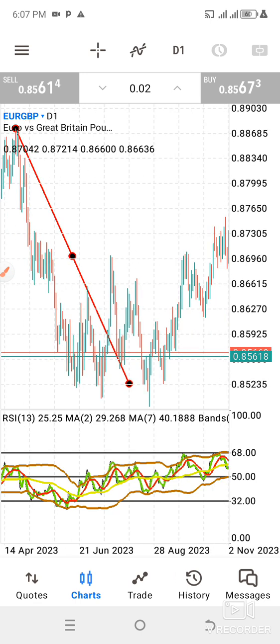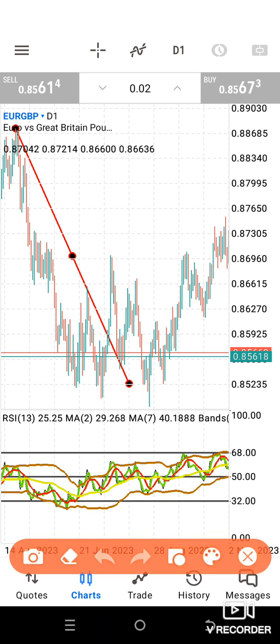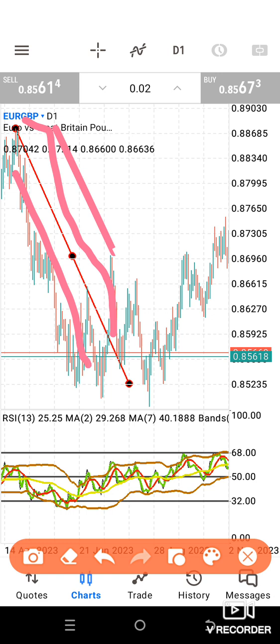Now after the downtrend, we see that the market retests. You see, this was a downtrend, and this was a downtrend. The market came here, broke out, and came to retest here before the upward movement.